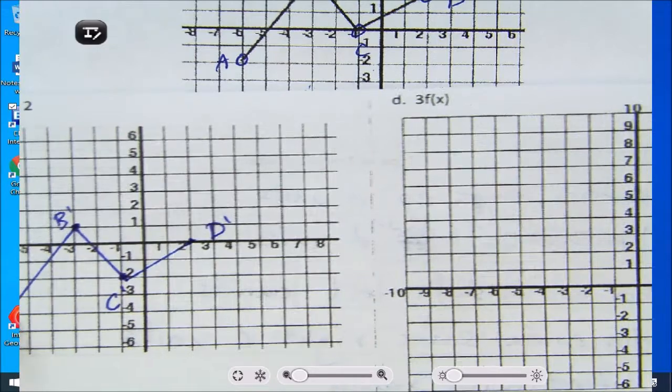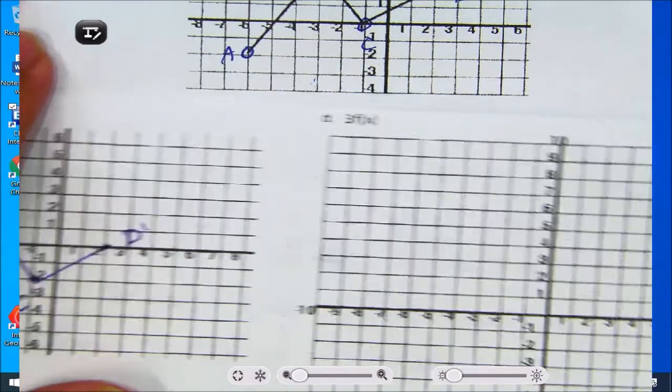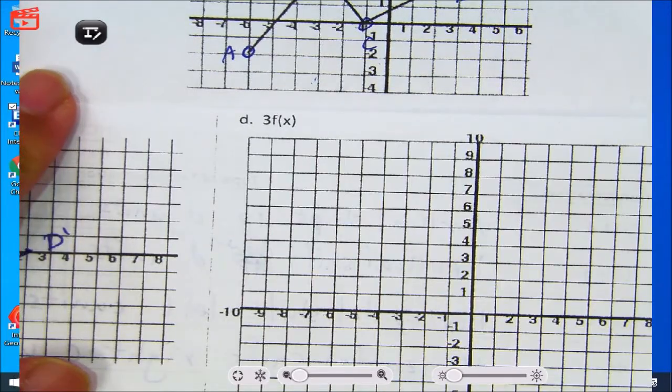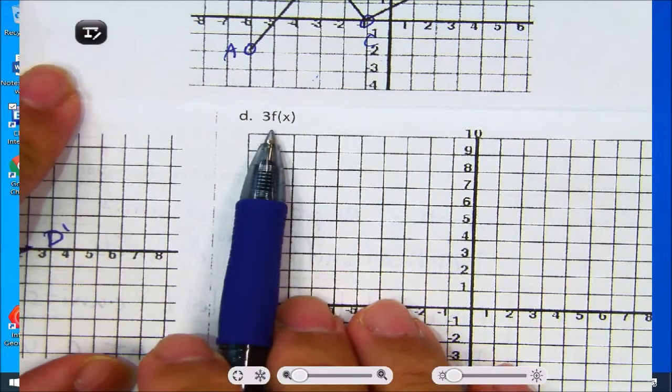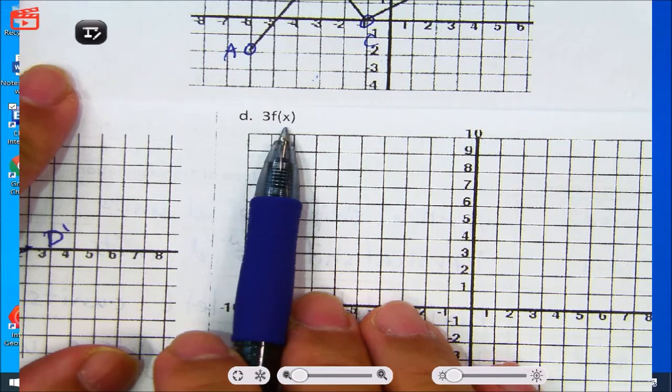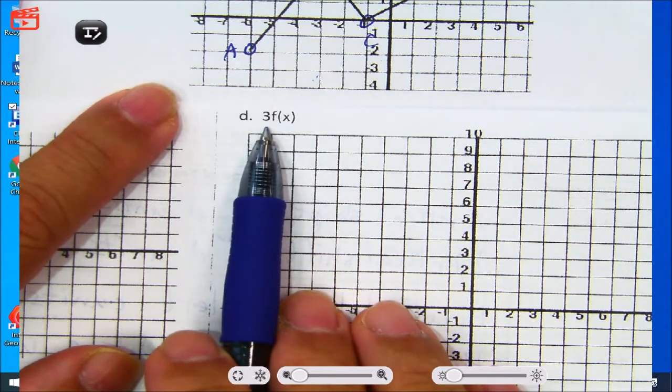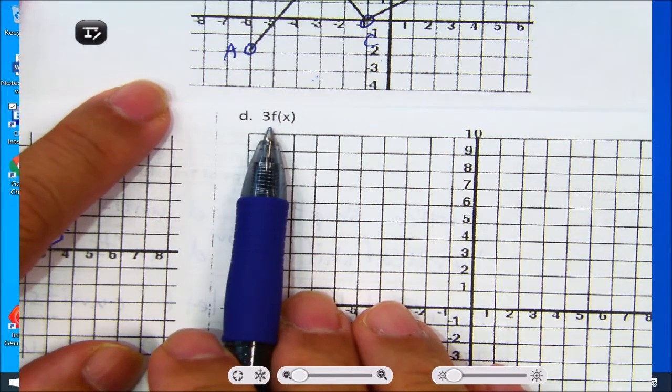Ready for the last example? Alright, ready for D. This one is interesting. So now we have a number in front of f of x. What do we do with that number? This is a vertical stretch. So that means we're going to multiply the y values.